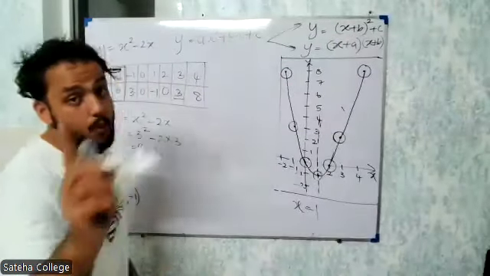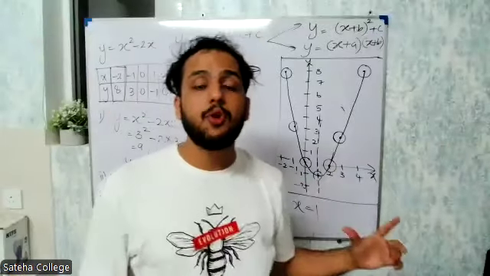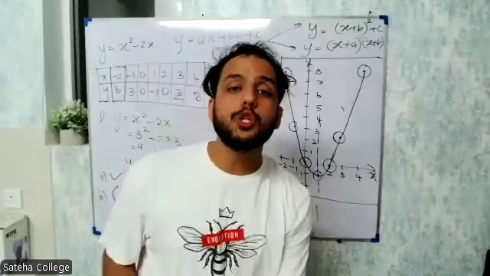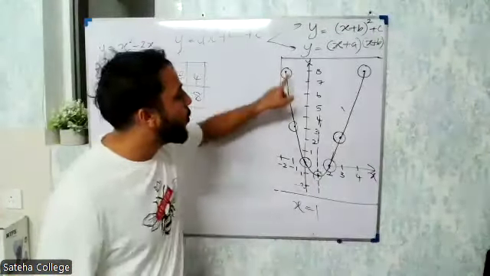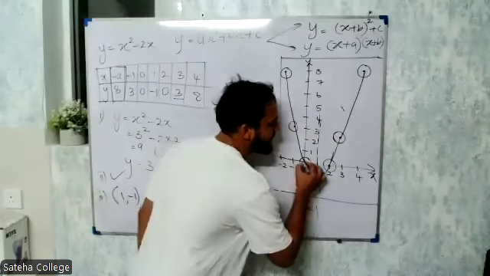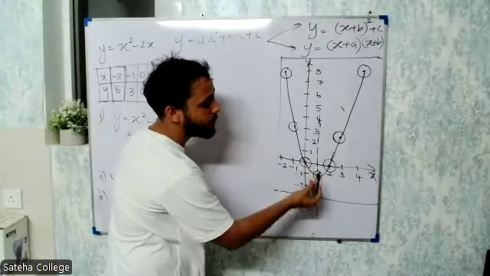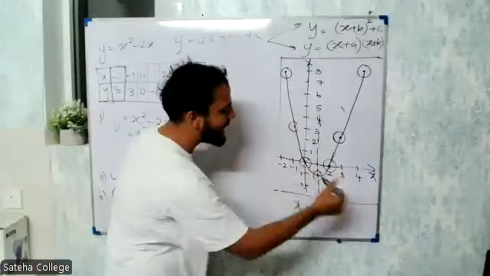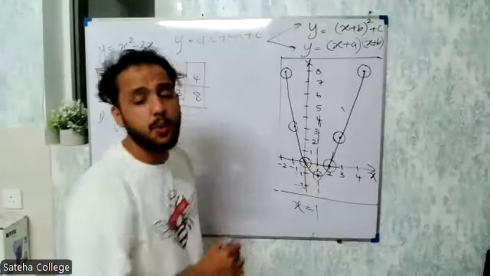One more thing I missed. When you are describing the graph, there's also something called the roots of a graph. Roots of a graph means where the graph cuts the x-axis. You can see the x-axis here, right? The graph touches the x-axis at 2 points, one is this point here, another is this point.